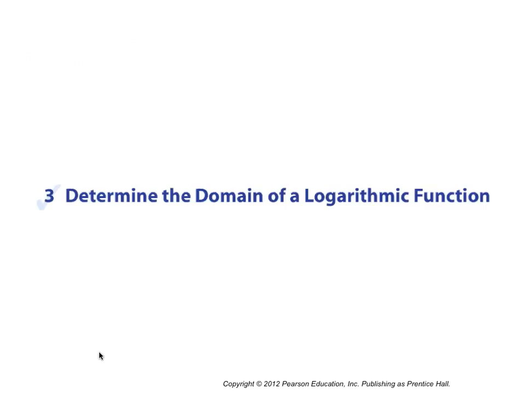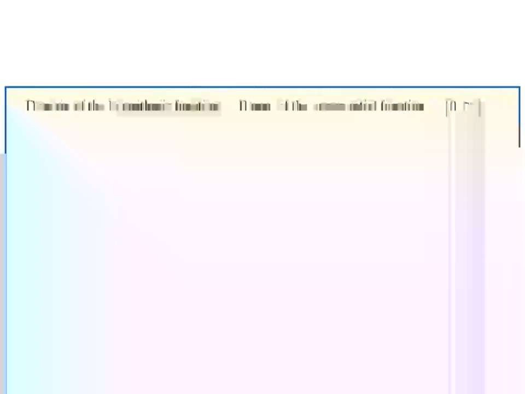Okay, we can also determine the domain of a logarithmic function. So we talked very briefly about this when we were going through what a logarithmic function is. But we know that the domain of a logarithmic function should be the same as the range of an exponential. Now, you may ask yourself how we know that.